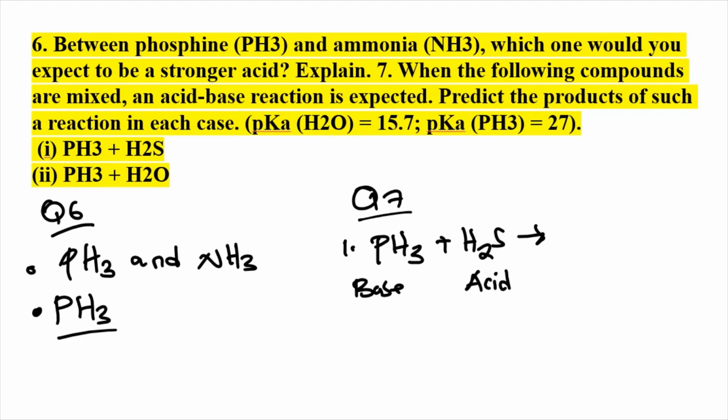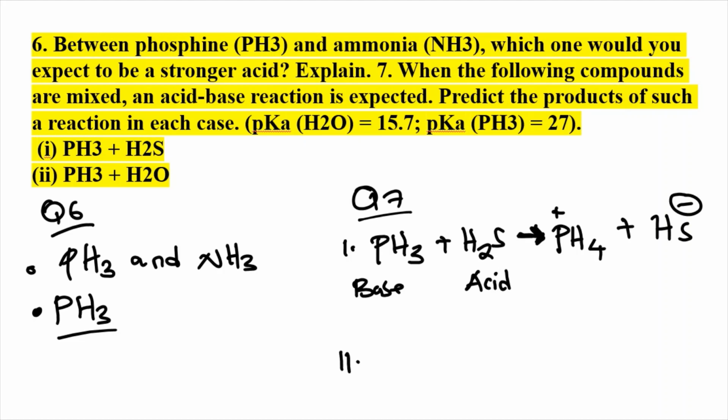So the compound that has got sulfur in it will be more acidic than the compound that has got phosphorus in it. Since PH3 is the base, it is going to obtain 1 proton from sulfur and be positively charged, and this will lose 1 proton, so it will be negatively charged. This is how it is going to be.